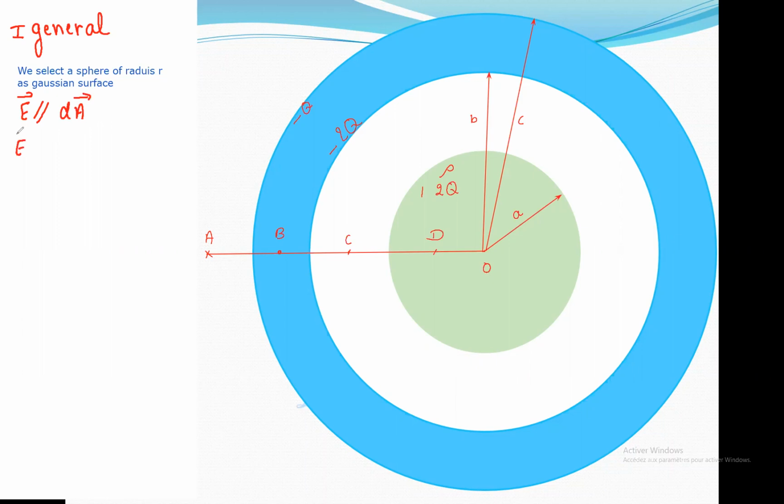Second, E must be radial. Third, E must be constant at any point on the surface. And in general, the flux equals the integral of E dot dA, which equals Qn divided by epsilon.